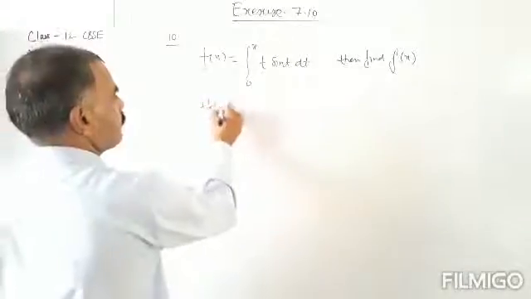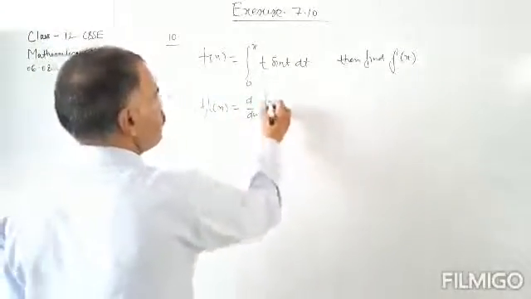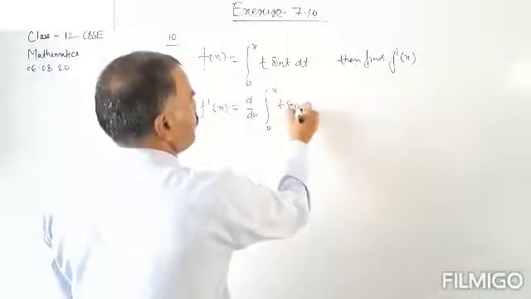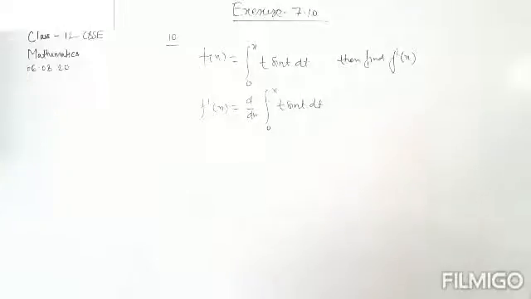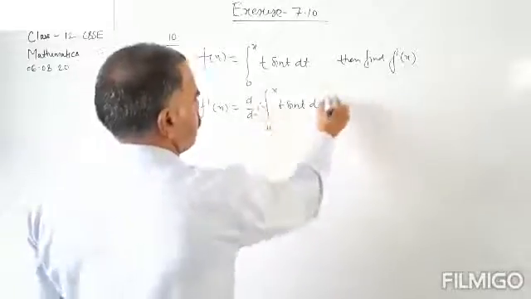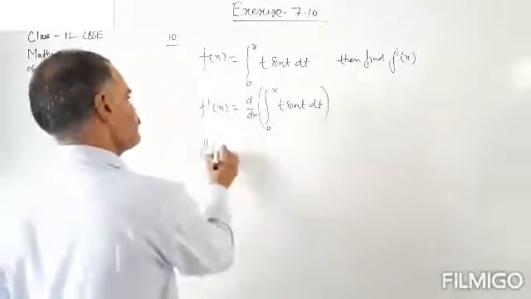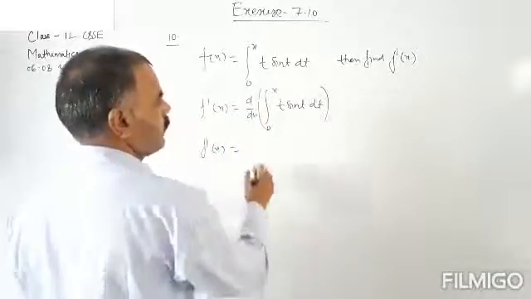f dash x is equal to d/dx of the integration from 0 to x of t sin t dt. Now f dash x equals, this differentiation will cancel the effect of integration.